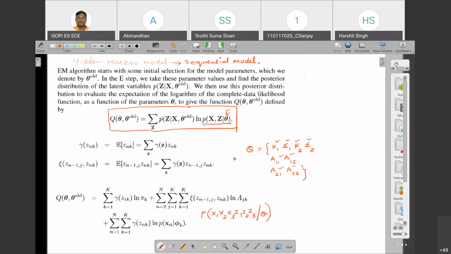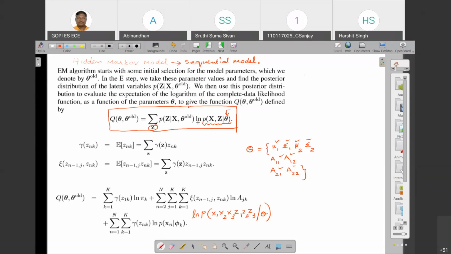But we wanted to maximize this in the average sense, meaning averaging over all possible states. Before that, instead of taking the average of this probability, we are going to take the average of its logarithm for computational simplicity, because when I take the logarithm, the product becomes a summation and the computation becomes simple.